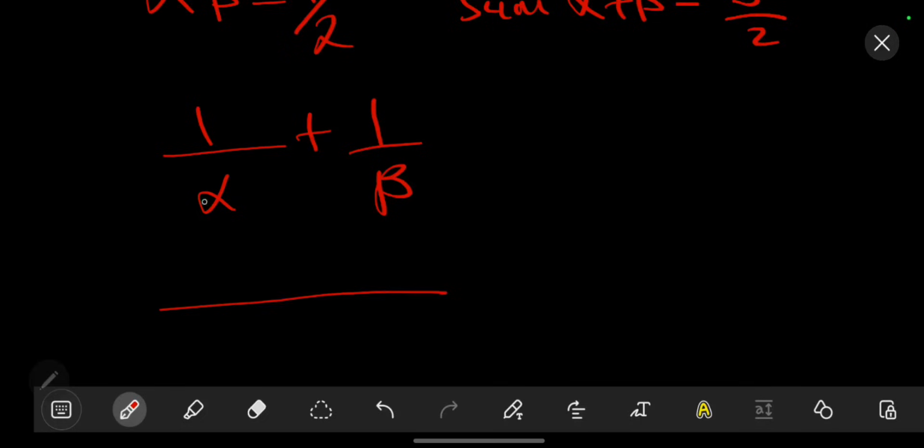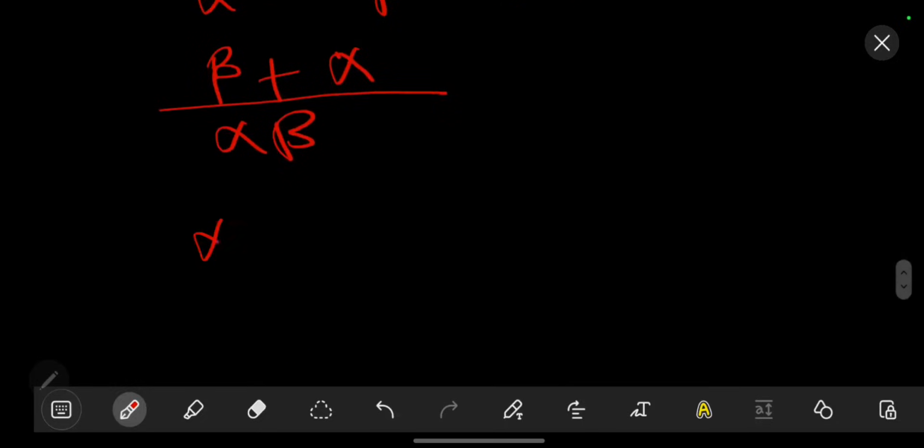So the common denominator is alpha beta. As long as you have gotten both equations, it means to say just multiply this and this. It will be beta. Then we are going to have plus alpha by 1. It will be alpha like that, which can be written as alpha plus beta over alpha beta.